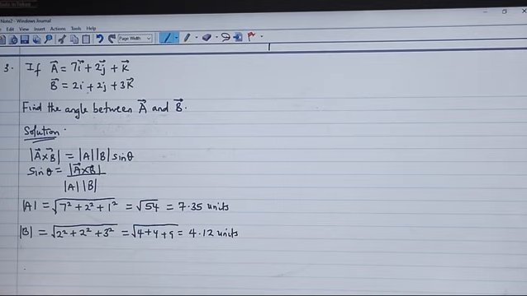Then we move ahead to find A cross B, which is equal to, we use the matrix form. This is i, j, and k. We have 7, 2, 1, 2, 2, 3. Always remember the sign notation.